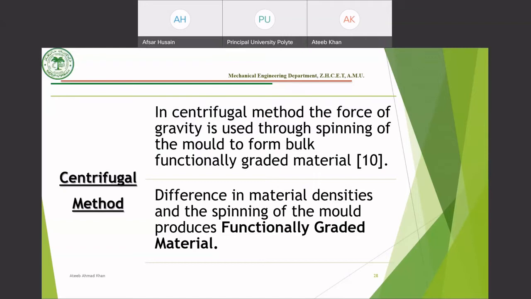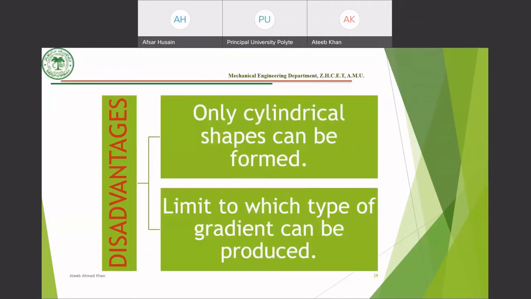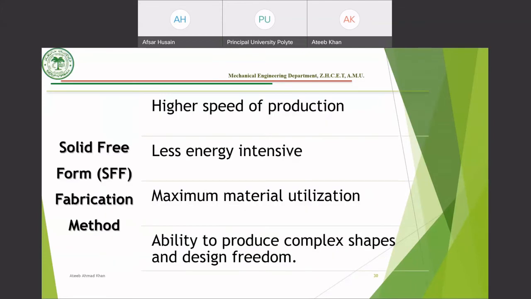The gradual transition is decided by the density of the particles which are used and by the centrifugal force. So there is a limit to which the gradient can be produced. Now the best method to produce functionally graded material is the solid freeform fabrication method.